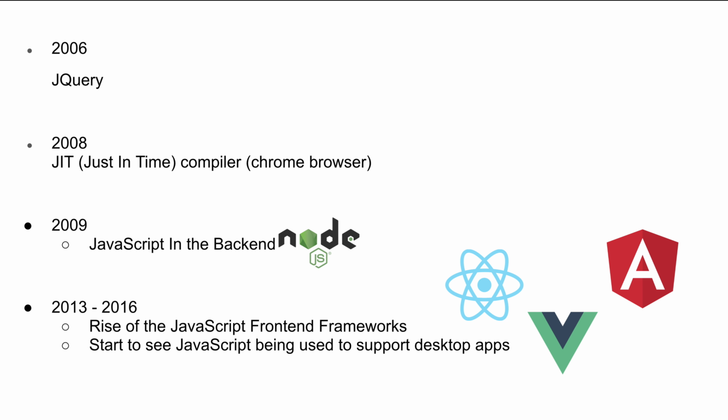And this made JavaScript essential for rich web applications. And then, just a few years later, in 2008, Chrome released the just-in-time compiler, which became a game changer and drastically improved performance and paved the way for applications like Gmail and Google Maps.